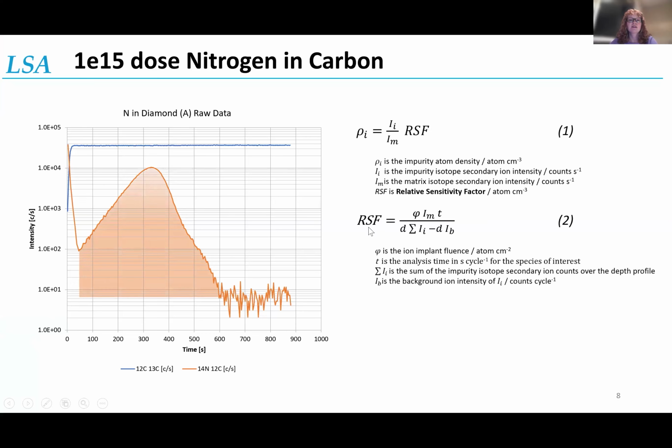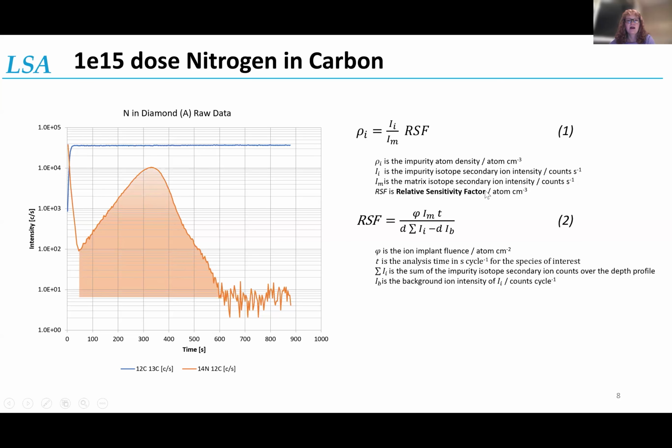The relative sensitivity factor is the ratio between the signal intensity of the matrix atom, so in this case carbon, and the nitrogen, which is the doping ion.